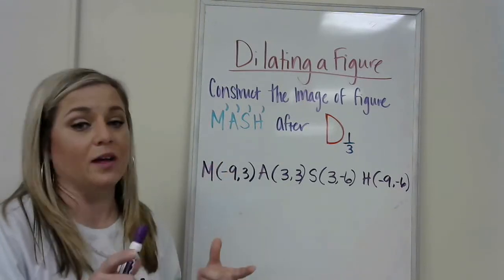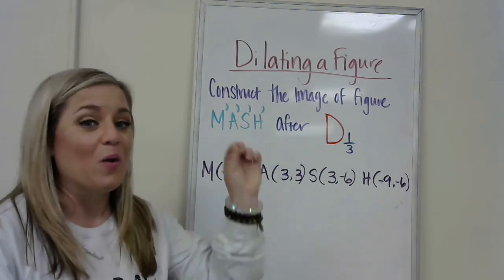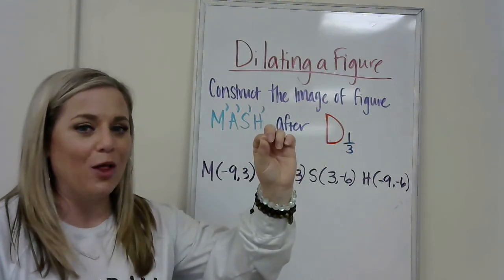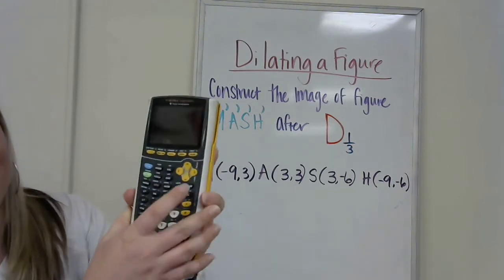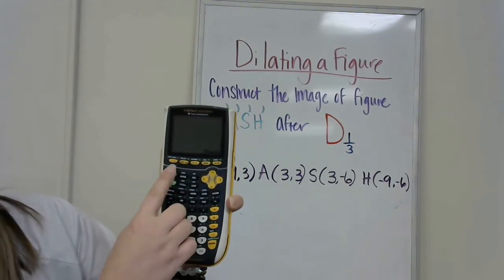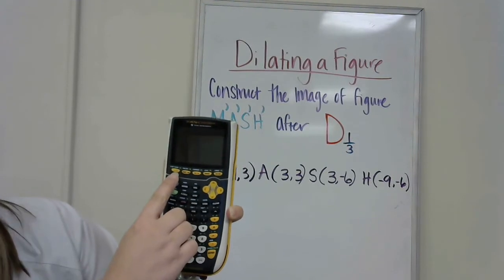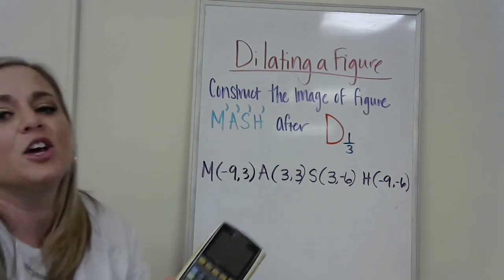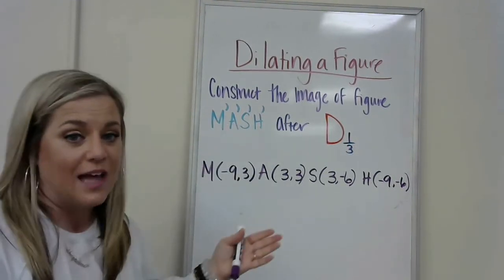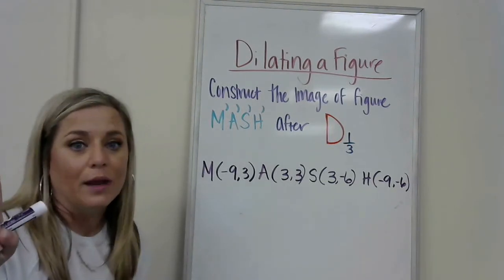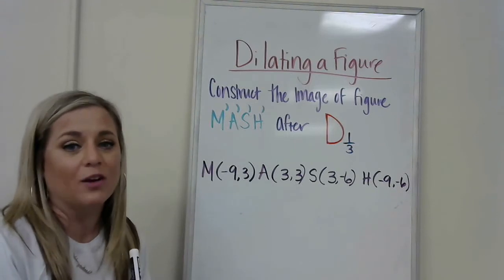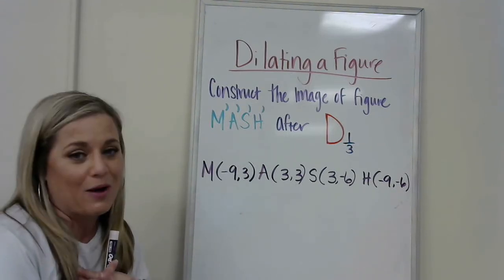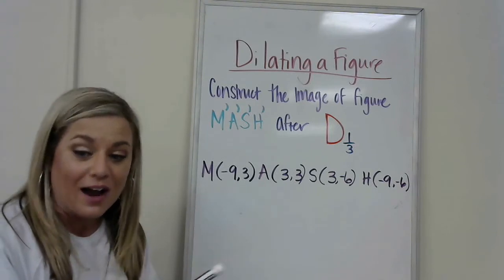Or you can click alpha, then the top left button, and plug in your fractions that way. But I'm going to just divide these by 3, because multiplying by 1/3 is the same as dividing by 3.